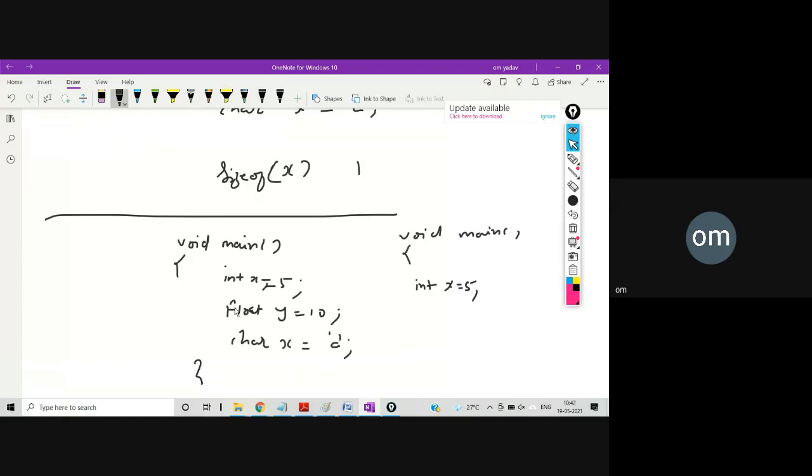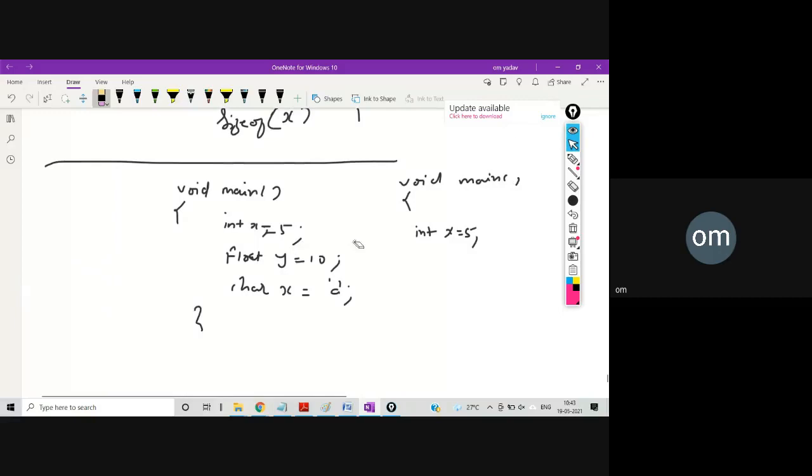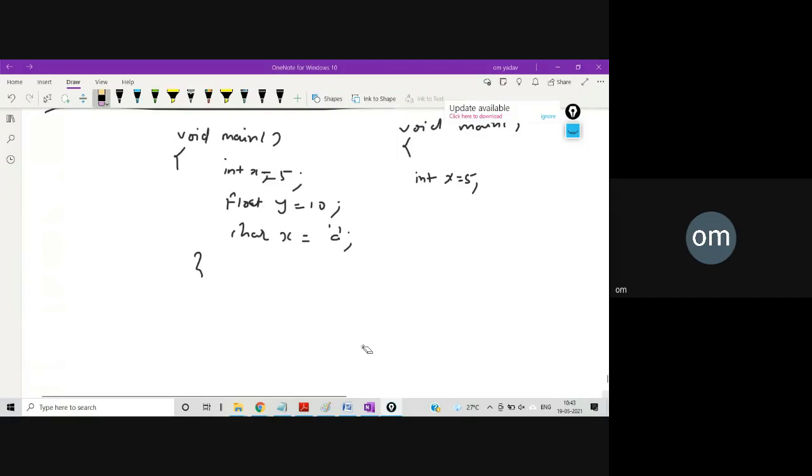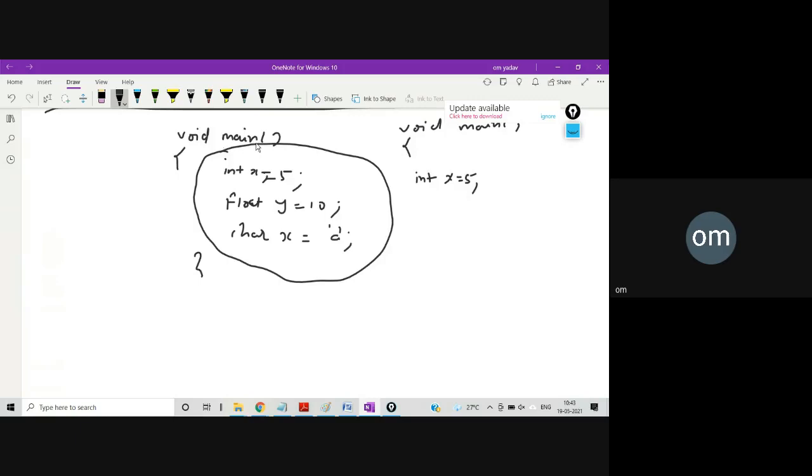So let's say suppose I'm having one more. Okay. So what I was trying to explain to you here, we require three lines, right? Here we require three lines to write all the data types in separate lines. But with the help of the comma operator, I can declare most of the things in one single line.